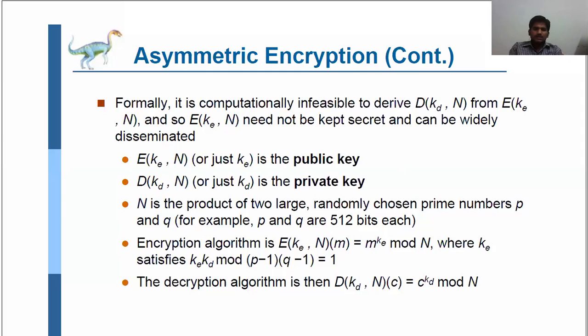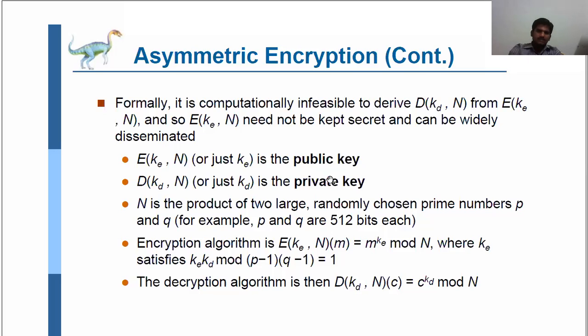The encryption algorithm is E of KE comma n of m, where m is the message we are going to encrypt, computed as m power KE mod n, using the public key. This is the formula we learn in the RSA algorithm.